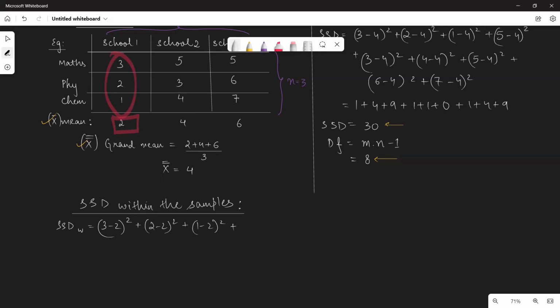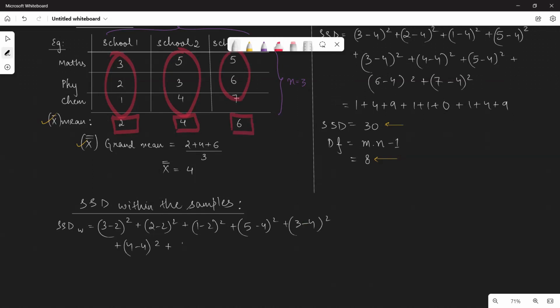Correct? Then coming to the second sample and its mean: 5 minus 4 whole square plus 3 minus 4 whole square plus 4 minus 4 whole square. Correct. The same goes for the third: 5 minus 6.